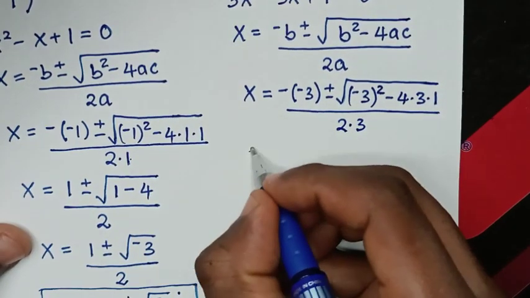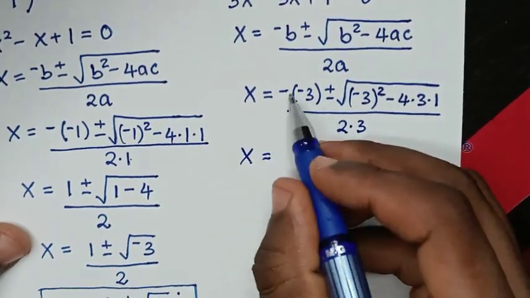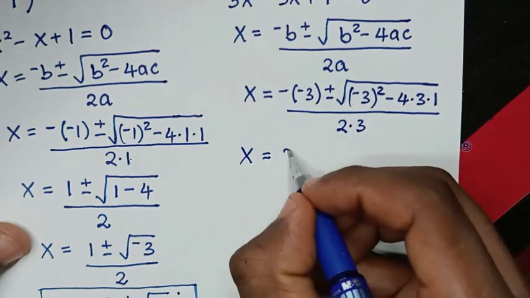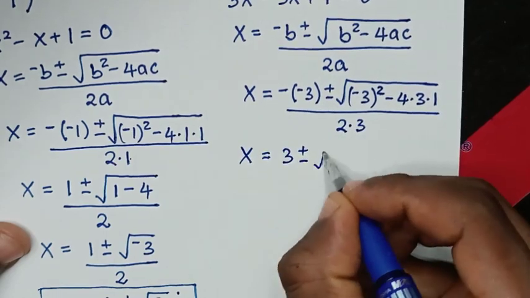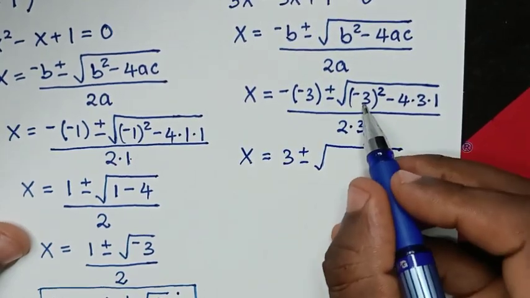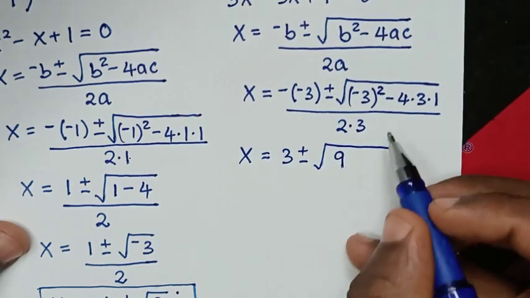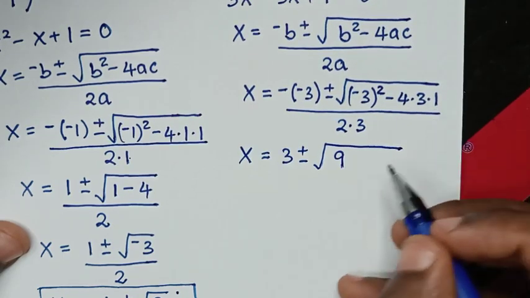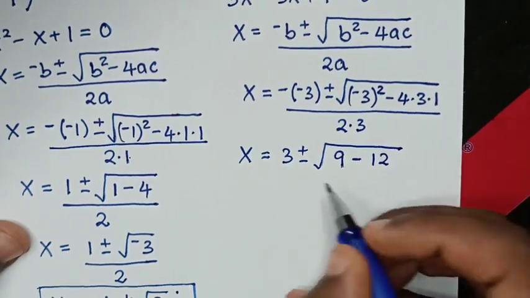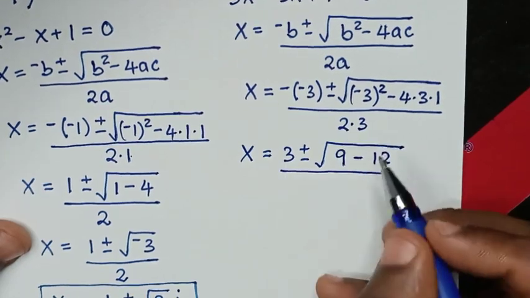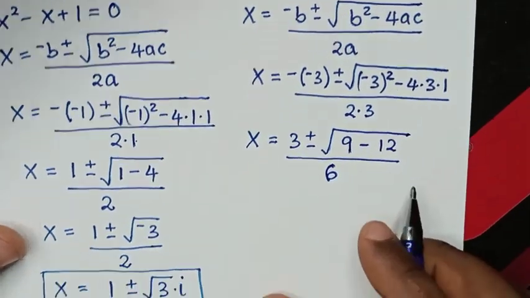Then in the next step, it will be x is equal to negative 3, it is positive 3, plus or minus square root of negative 3 squared, it is positive 9. Negative 4 times 3 times 1 is negative 12, over 2 times 3, it is 6.